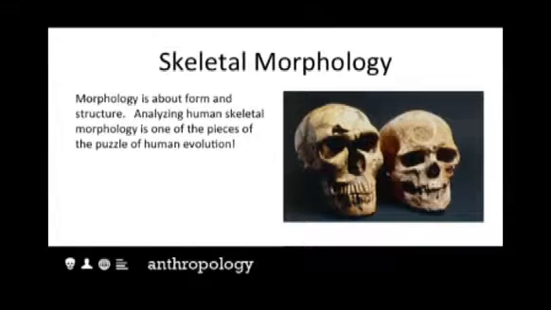Paleoanthropologists have been analyzing skeletal morphology since they've been finding transitional humans and hominoids and hominids in the fossil record. This was the tried and true way to classify groupings until the last 40 or so years, where we've been able to really focus on other types of analyses.